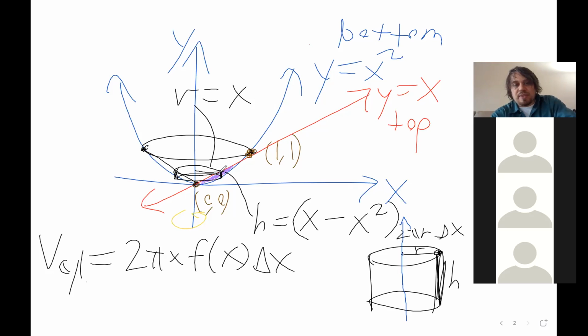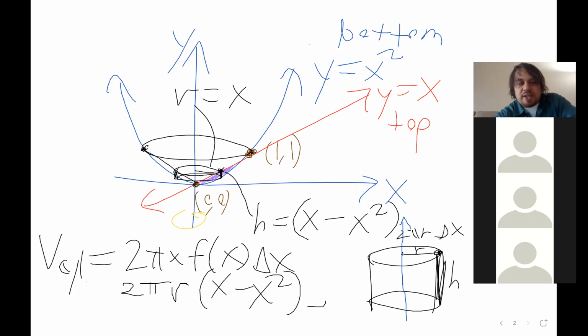That's the x-coordinate of that point. And so when we're integrating, we have 2 pi x. That represents 2 pi r. And f of x is the height. And in this example, the height, h, was x minus x squared. And it's delta x. Does that make sense?